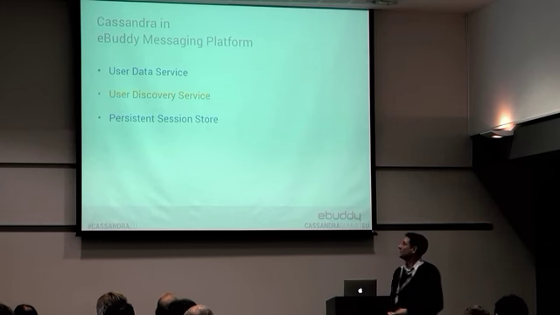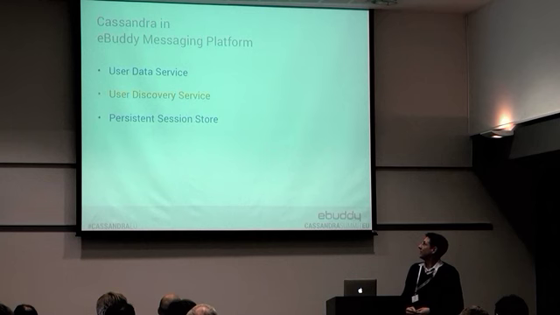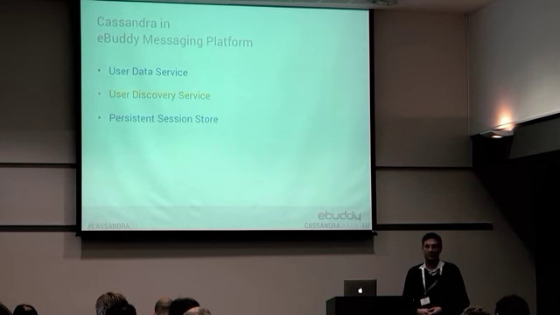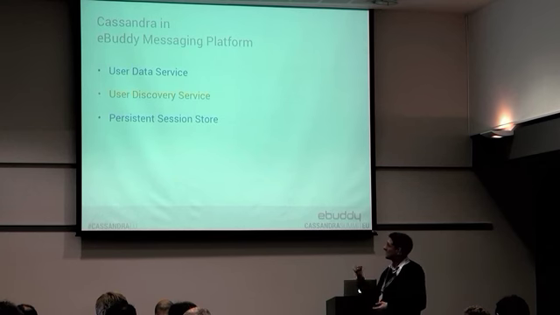And we use the session for a number of things like caching the contact list and various pieces of data that we need to track the users. And we use Cassandra to store those user sessions.